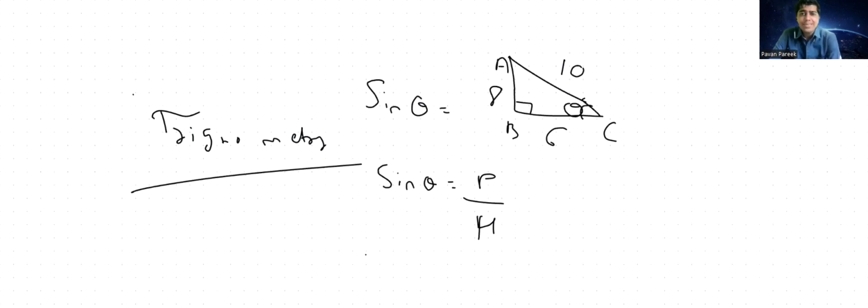So which is our longest side? Yes, that is 10. Angle B is 90 degrees, and the side opposite to it is AC. So we can say AC is our hypotenuse, which is 10.